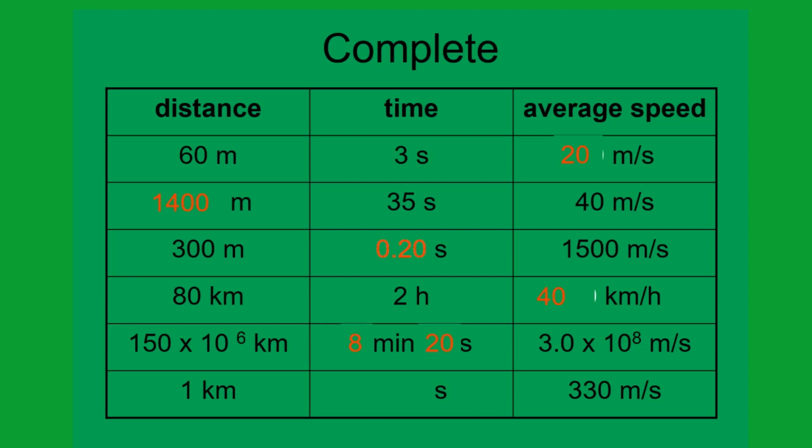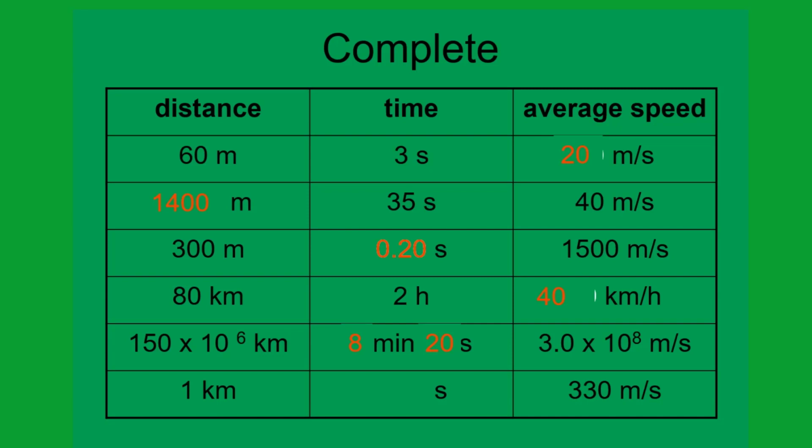Last one, 1 kilometer. That means distance and average speed, 330 meters per second, are given, but we have to find the time. Remember, here average speed is in meters per second, so we have to convert the distance 1 kilometer into meters first.